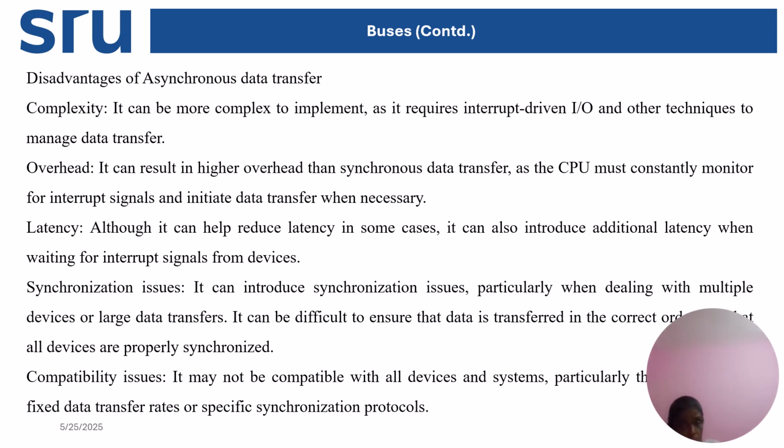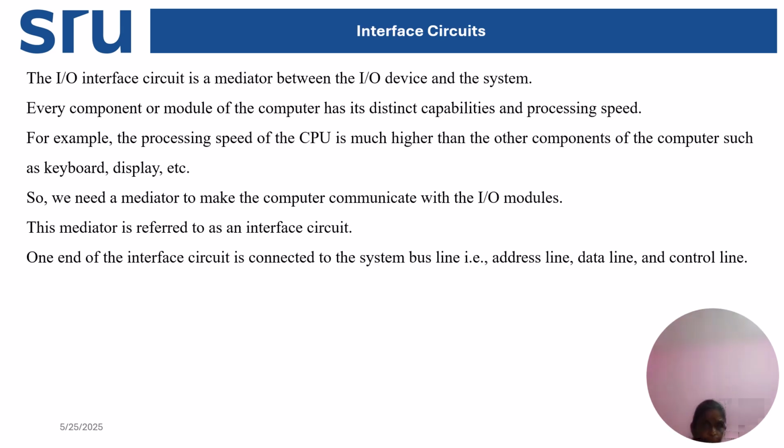Even slow speed is not uniform for all I/O devices. Every device will have its own speed, so speed will be different for different I/O devices. So managing that also will become difficult.